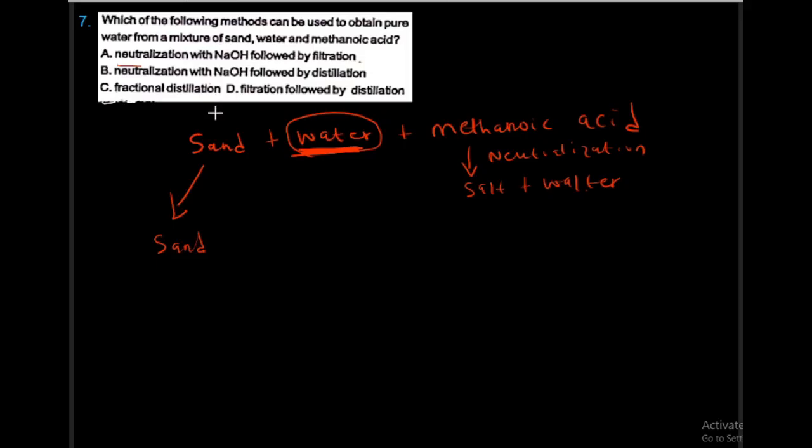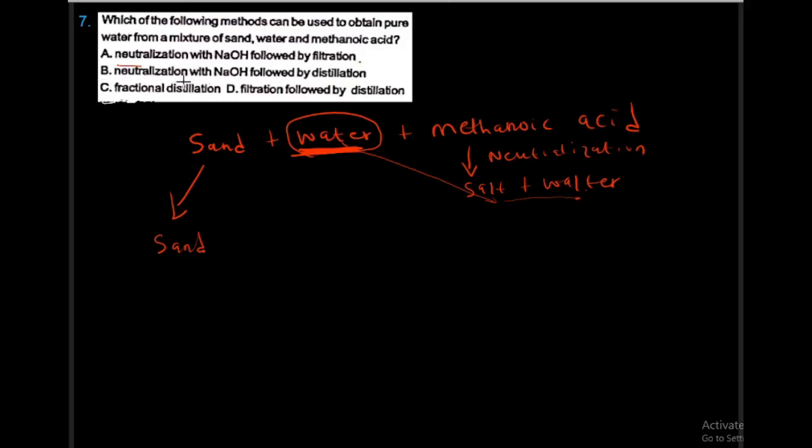We're talking about option A. If we use sodium hydroxide to neutralize this, we get salt and water. We'll now carry out filtration and take out sand, but we'll still be left with salt and water. So we'll not be able to get pure water. It does not make sense. Option A is not correct.